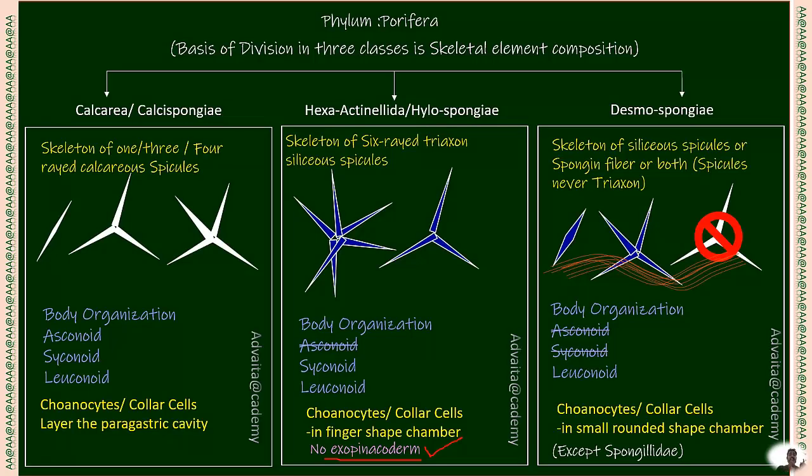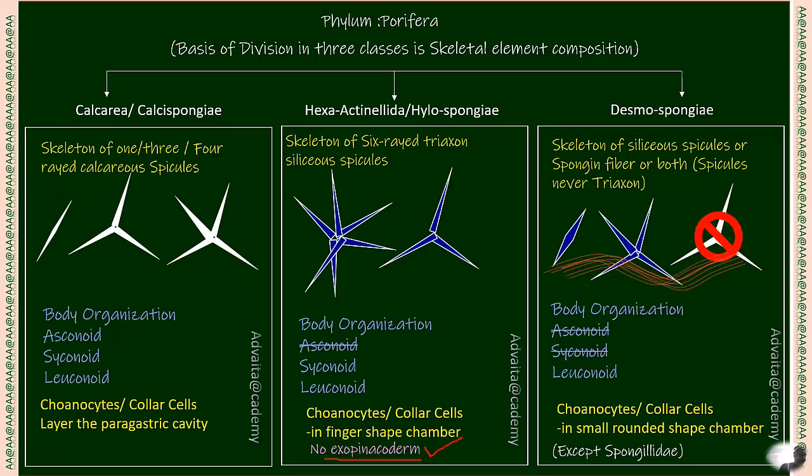Remember, the Calcarea and Hexactinellida are not freshwater, they are always marine. But in Demospongiae, there is a family called Spongillidae, which we will discuss later, that is freshwater sponge. It is often asked in the examination which of the following is a freshwater sponge. It may be asked on the basis of class or on the basis of animal.